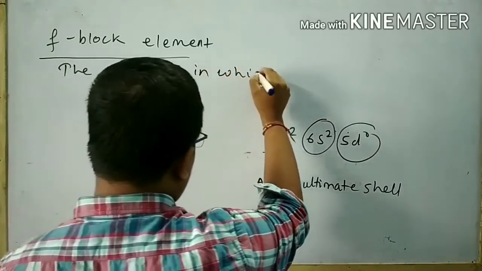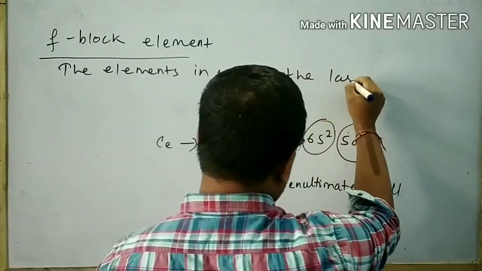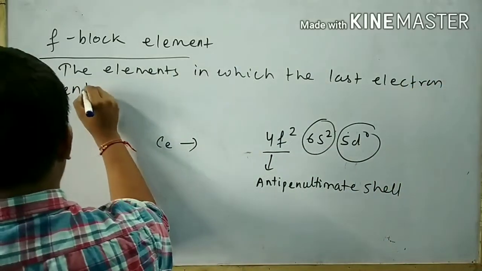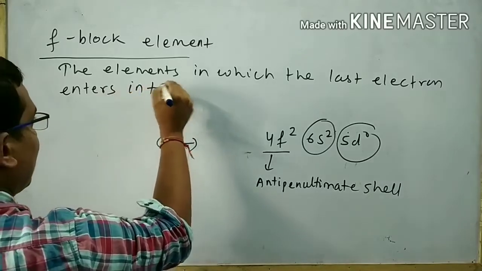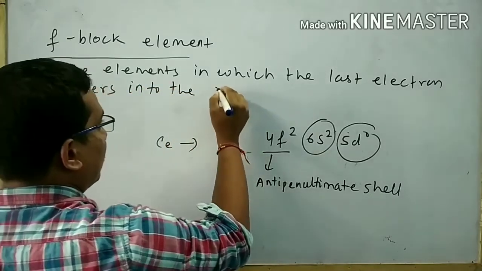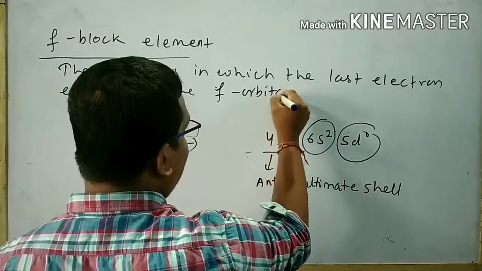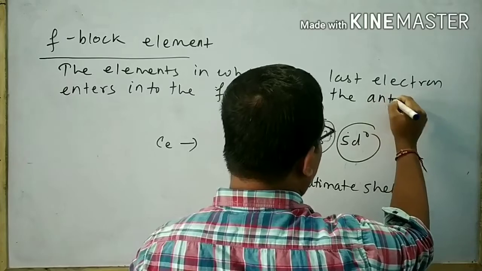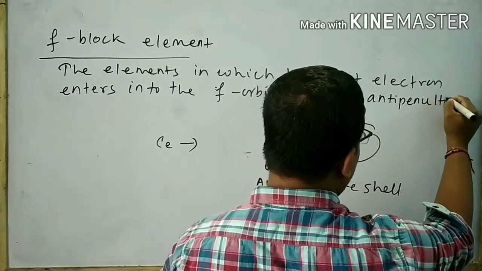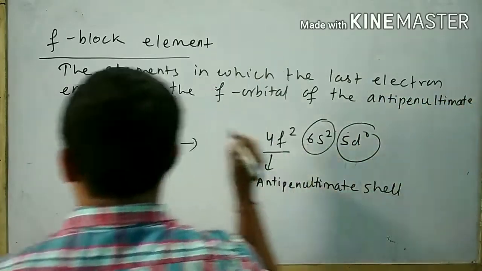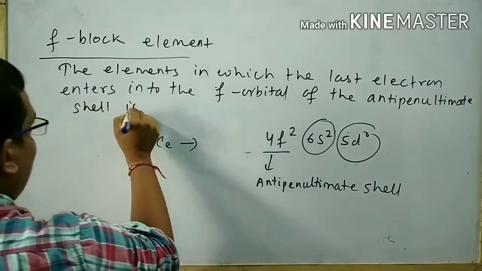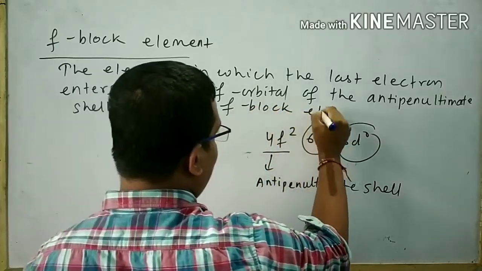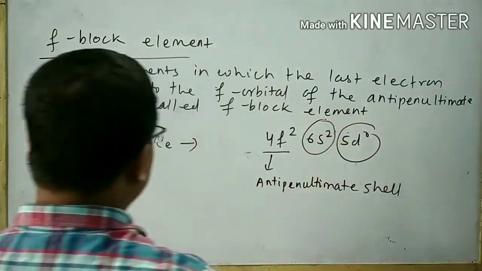So you can write the definition for f block elements: the elements in which the last electron enters the f orbital of the antepenultimate shell are called f block elements.